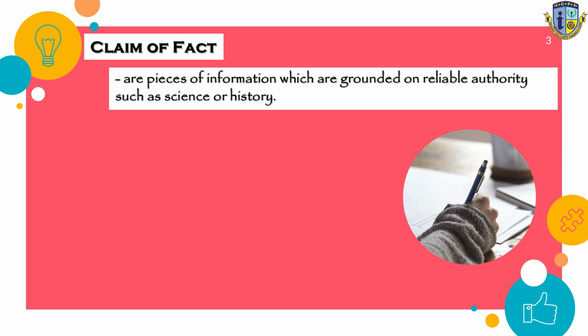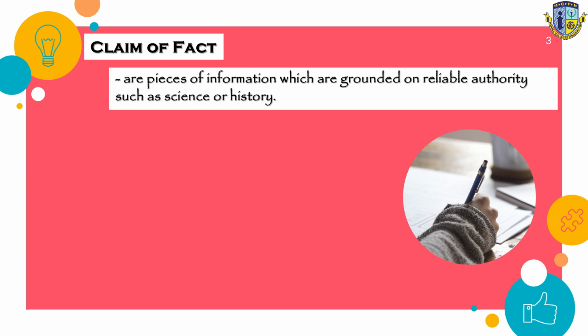Facts that are universally accepted are not considered claim of fact, but instead a statement of fact because there is no more disagreement about their truthfulness. Claims of fact talk about what is or what is not. Claims of fact are often qualified by such terms as generally, probably, or as a result.